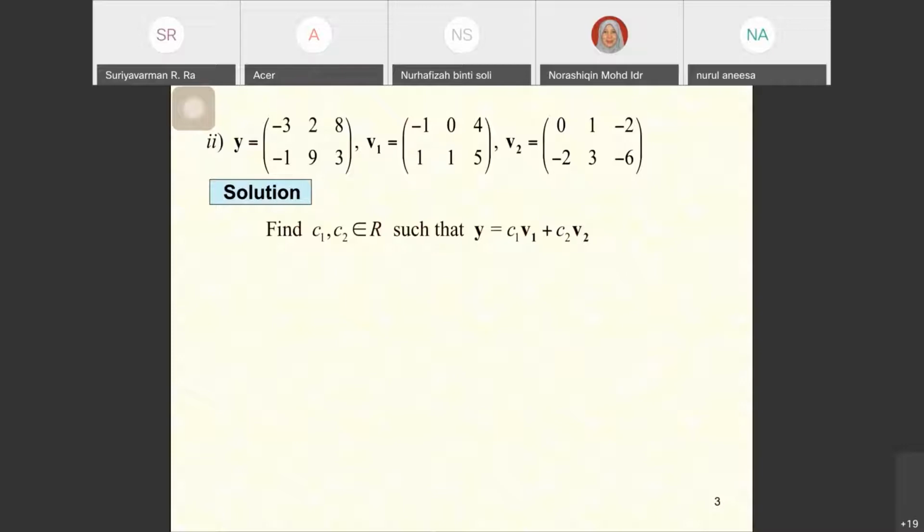Tuliskan Nurul dalam bentuk Y sama dengan C1V1 plus C2V2. You should have this.